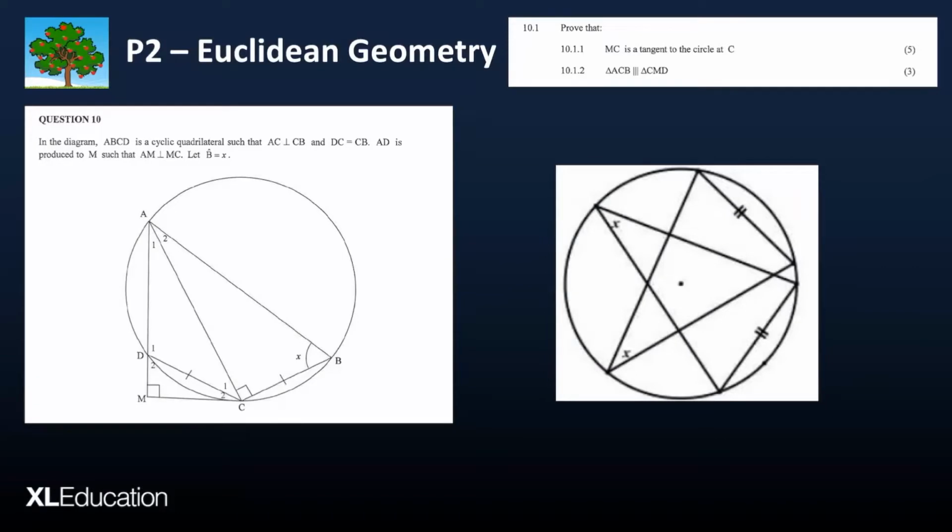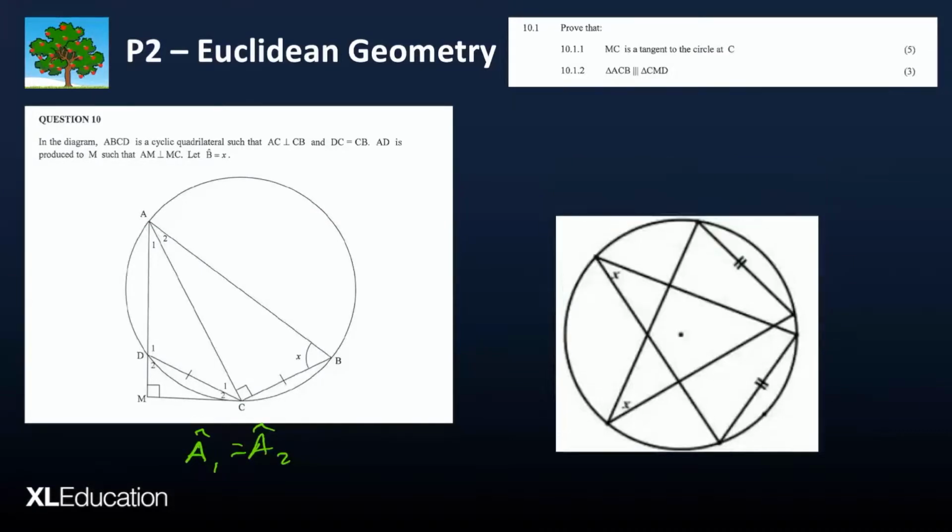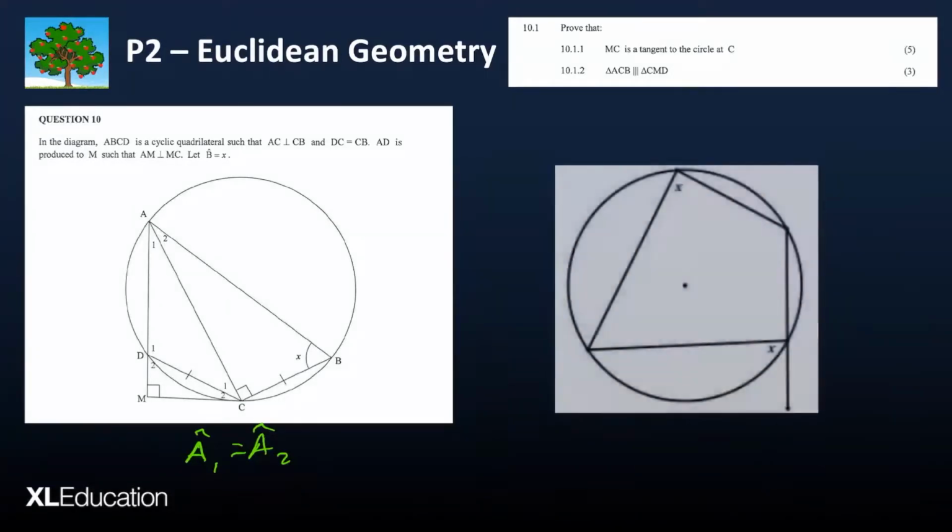So it means angle A1 is equal to angle A2 because they are subtended by equal chords because of this theorem. Okay, then I also want you to think about it this way. This is a cyclic quad. Let's identify a cyclic quad here.